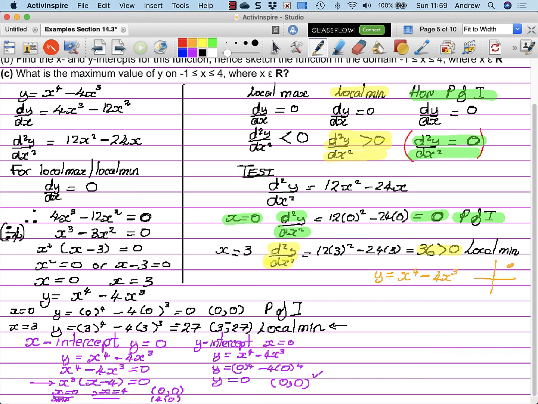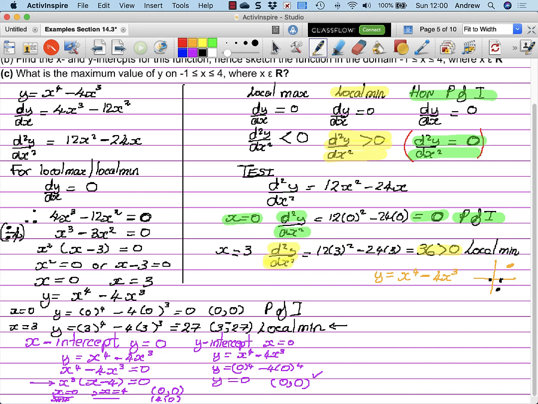Sorry, I've just realised my error. My apologies. So the input number is 3 and the output number is minus 27, and that's going to be a local minimum. So we've got a local minimum at 3, minus 27, and we have a point of inflection at 0.